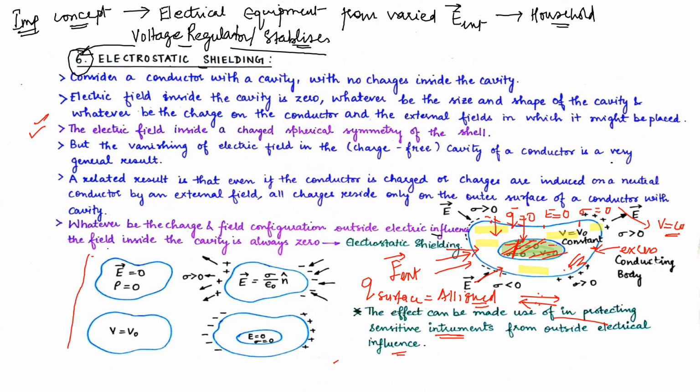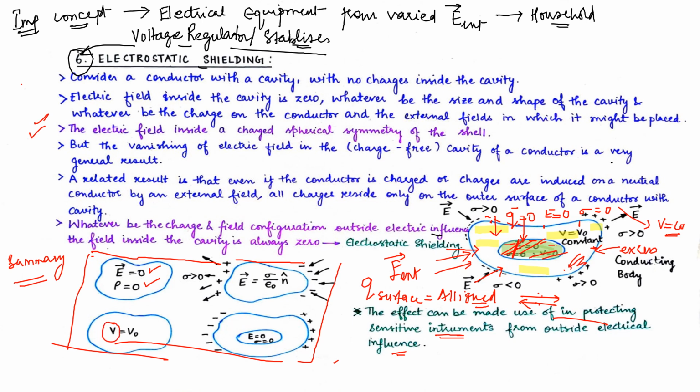Now these 4 diagrams I haven't explained so far, right? You may be thinking why I have made these diagrams. Basically this diagram is a review or summary of the concepts we have read today. Electric field inside the conductor is 0, hence surface charge density inside the conductor is 0.